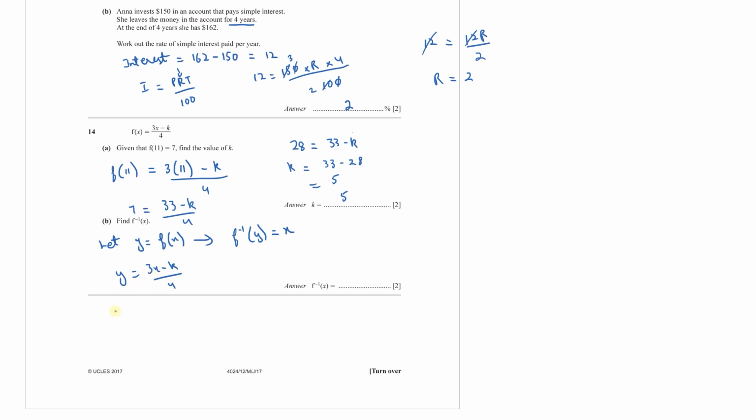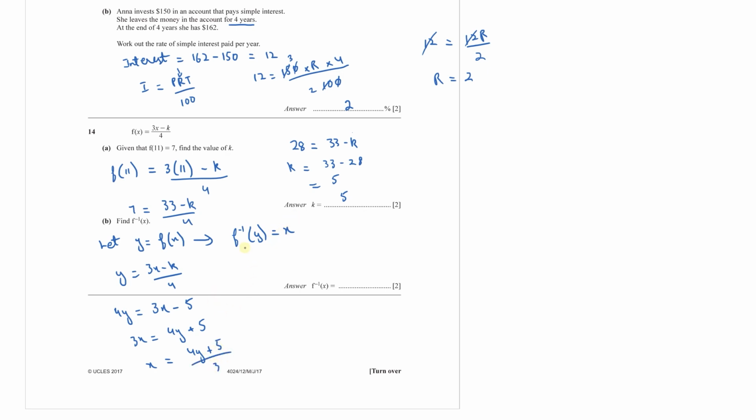So take 4 to the other side. 4y equals to 3x minus k. I can substitute the value of k, in fact. So 3x minus 5. And then 3x equals to 4y plus 5. And then x equals to 4y plus 5 over 3.